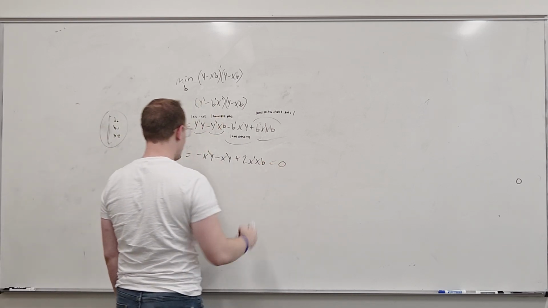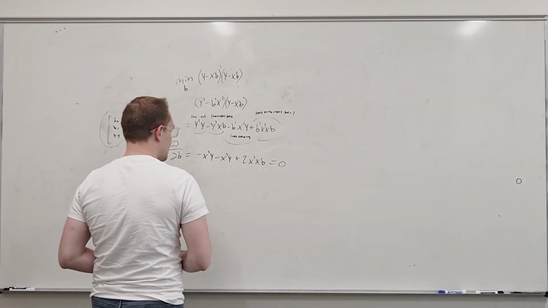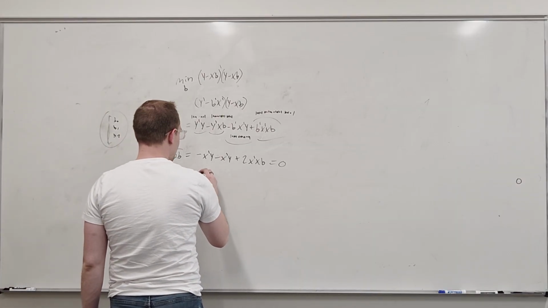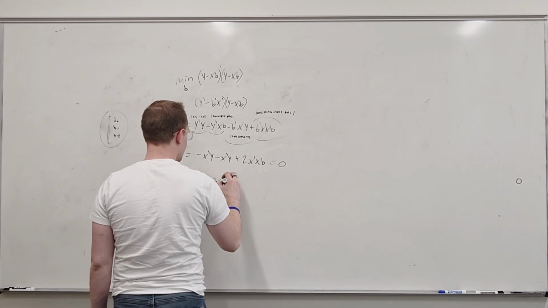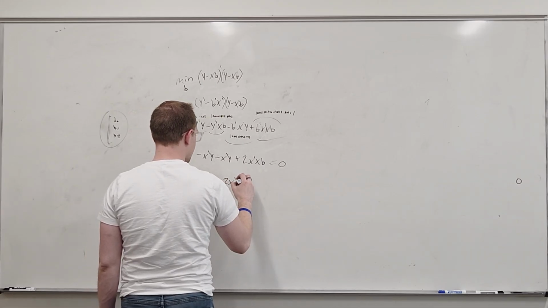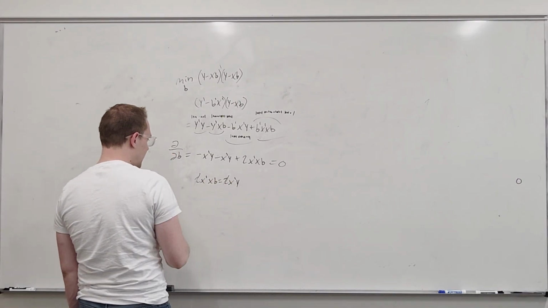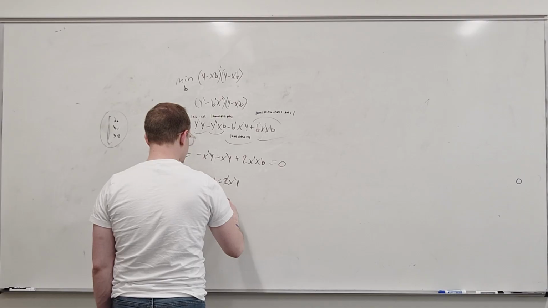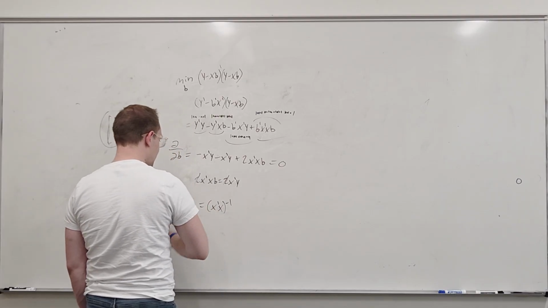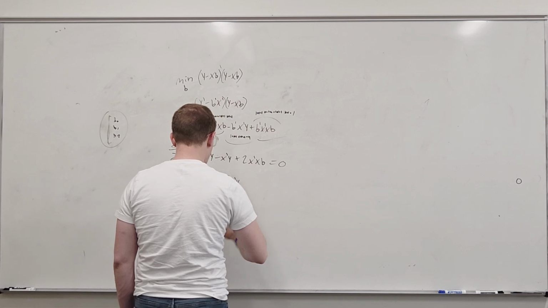Okay, that equals 0. Now I feel pretty confident that I can solve this. So that means 2x transpose x b equals 2x transpose y. Kill those 2's there. Solve for b. So b equals, put this in the front, x transpose x inverse, because that's how you divide in matrix land, and then x transpose y.